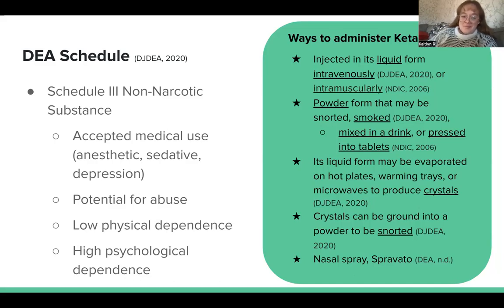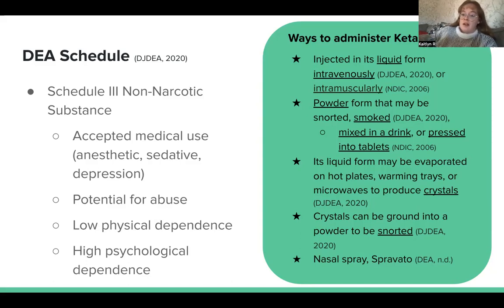Anesthetic. So it is accepted in medical use for anesthetic, sedative purposes, and then also to treat depression. It does have potential for abuse, hence why I'm doing this presentation. Schedule 3 drugs also tend to be low in physical dependence, but high in psychological dependence.